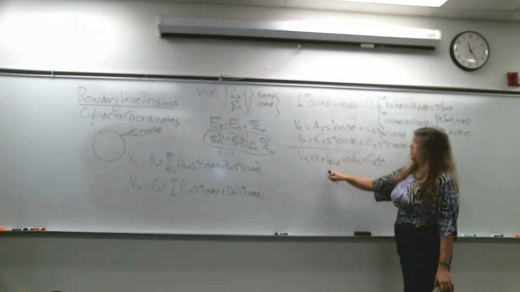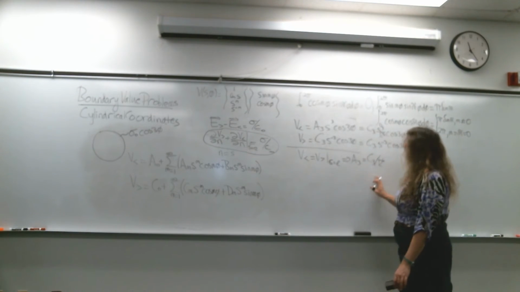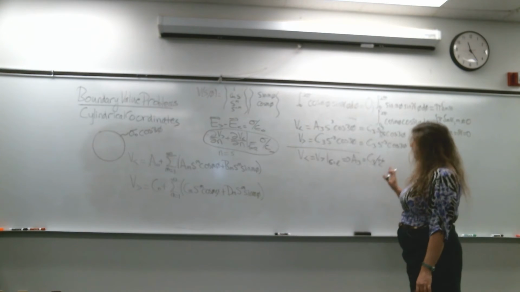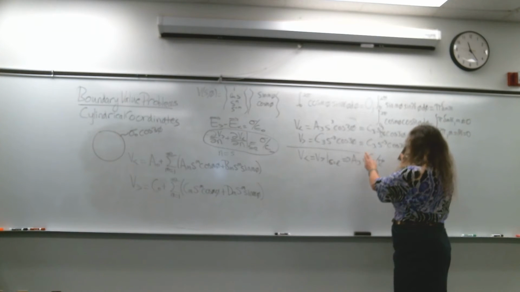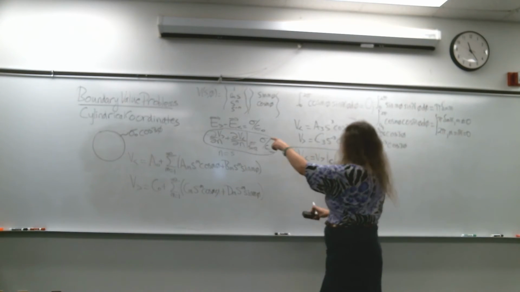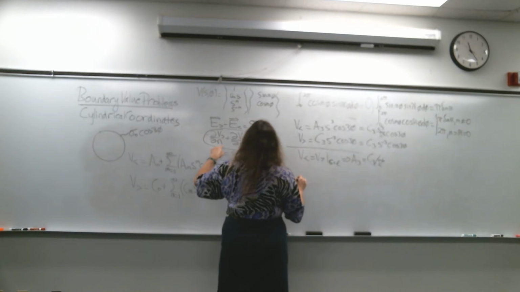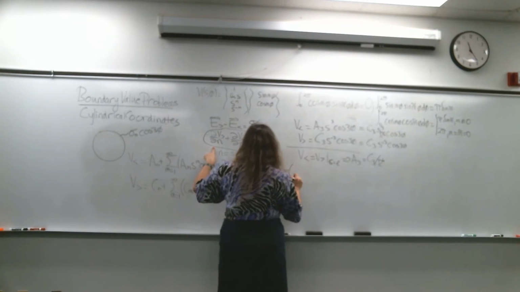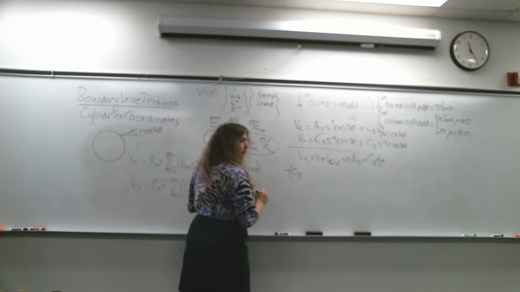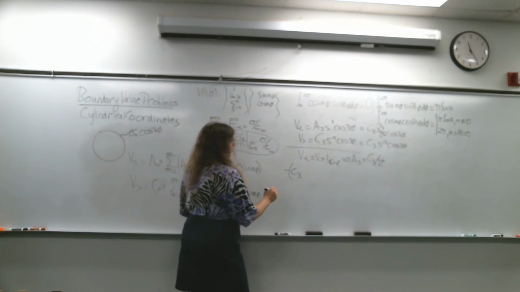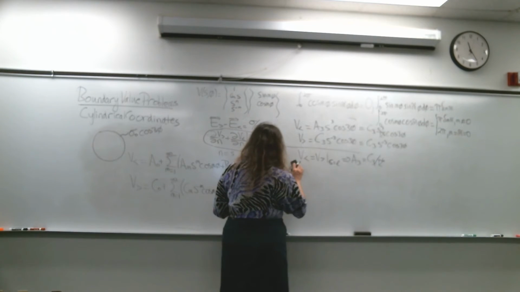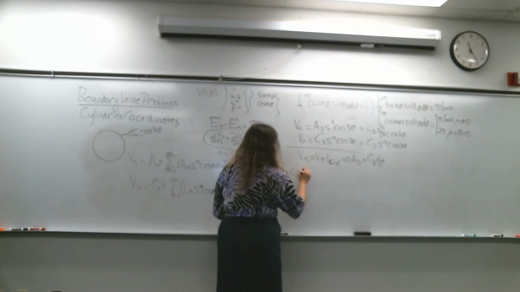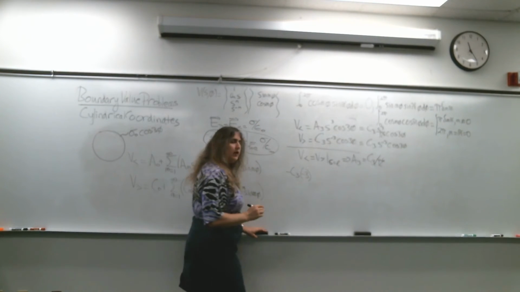Okay. And by applying continuity of the potential, we were able to come up with a relation between A3 and C3. So I'm going to use C3 and plug it back in here. So in our exterior region, we've got minus C3 times minus 3.